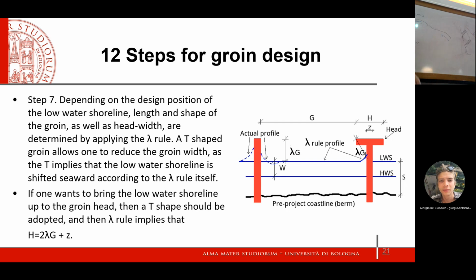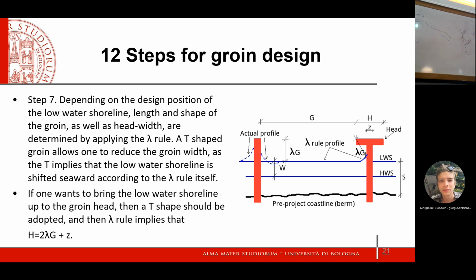So once that we determined the quantity S, position of the low water shoreline, we can use the lambda rule to determine the combination between the gap, which of course conditions S, and the width of the head of the groin, which again conditions S.